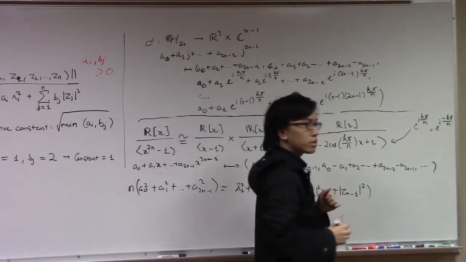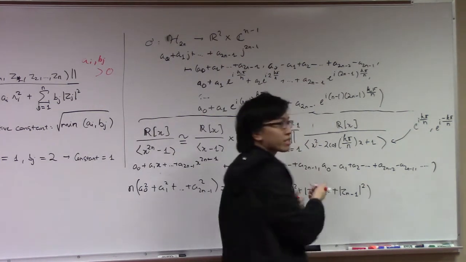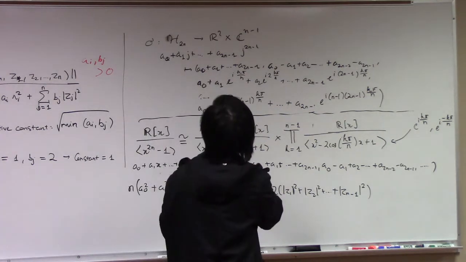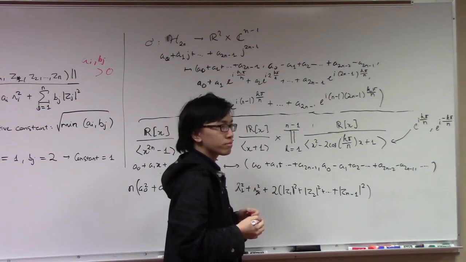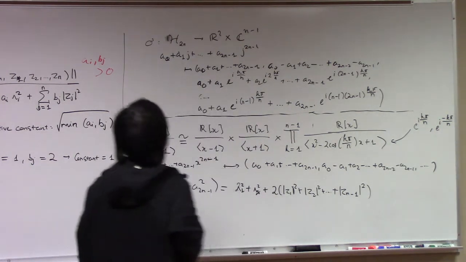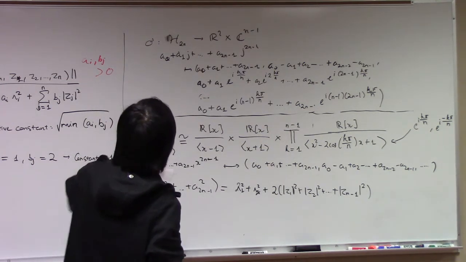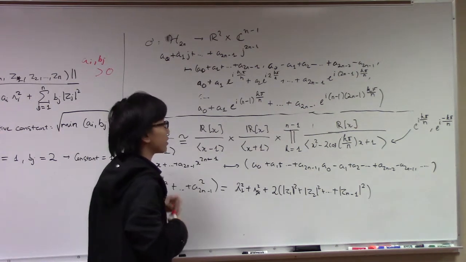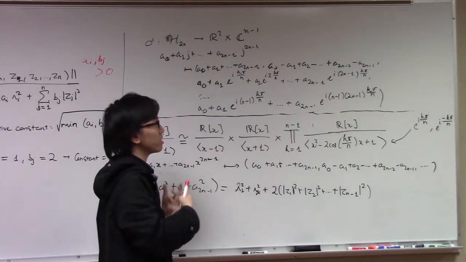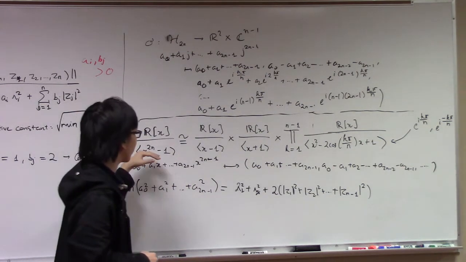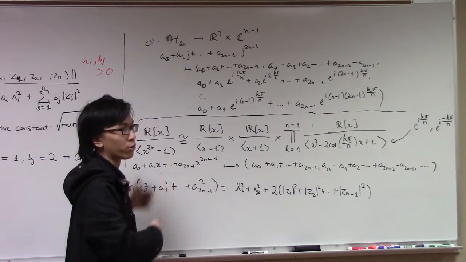And what's k? k is just a constant running from 1 to n minus 1. n is a fixed dimension here. This isomorphism is particularly applied for 2n, but the 2n plus 1, the odd one, is a little bit different, though it's still the same factorization of the polynomial.